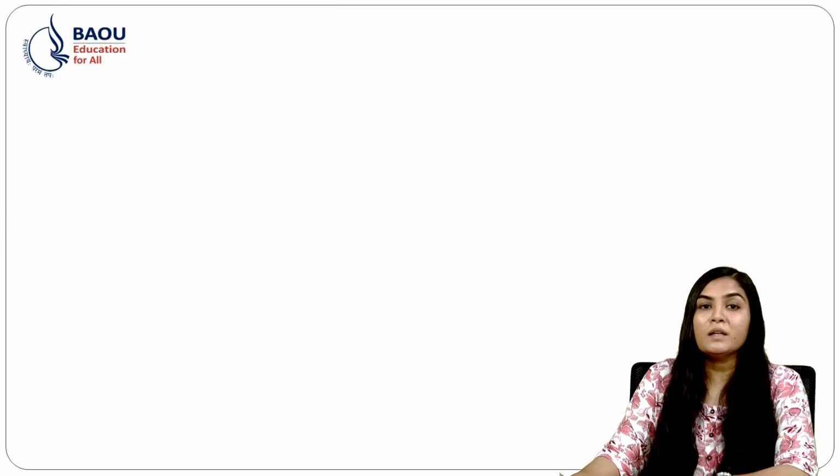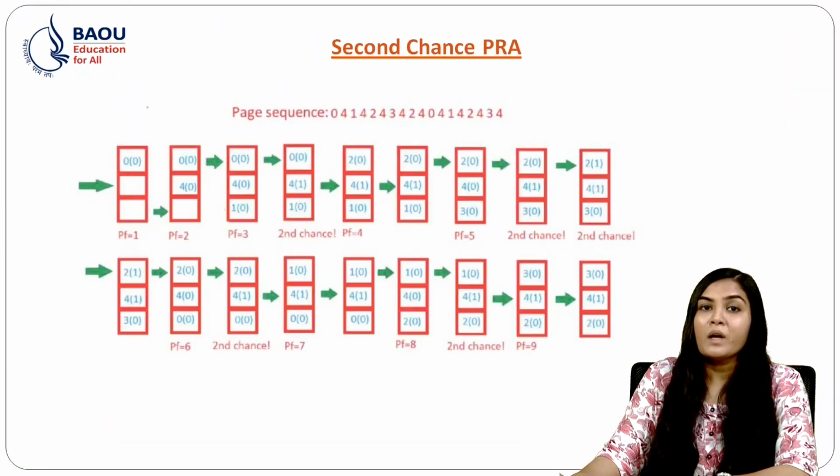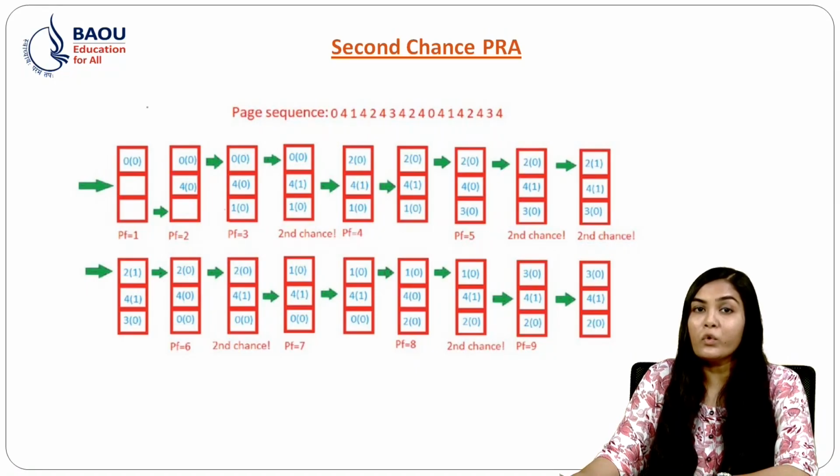Here in the next slide, let's say the reference string is 0, 4, 1, 4, 2, 4, 3, 4, 2, 4, 0, 4, 1, 4, 2, 4, 3, 3, 4, and we have 3 frames. Let's see how the algorithm proceeds by tracking the second chance bit and the pointer. Initially all frames are empty.